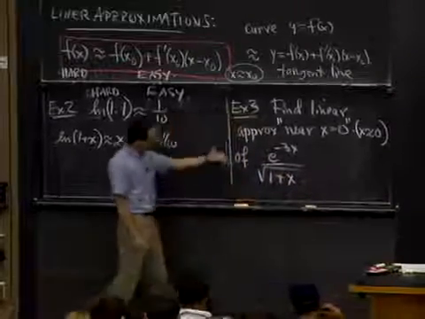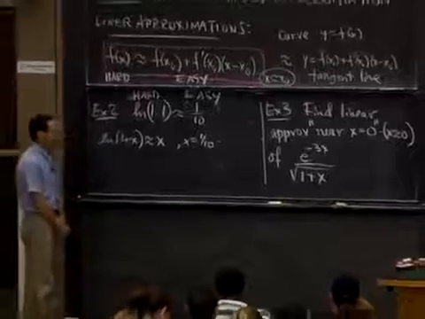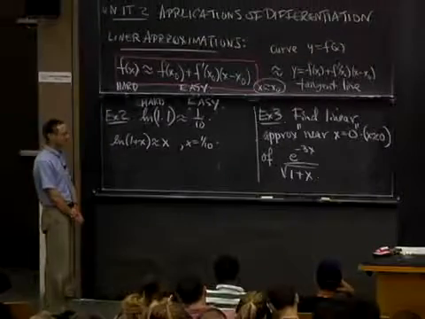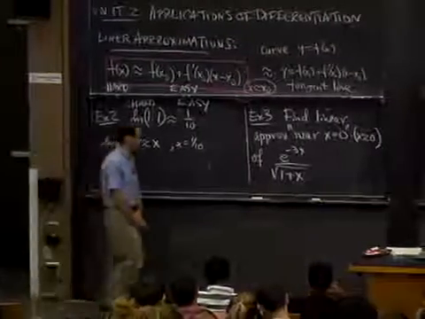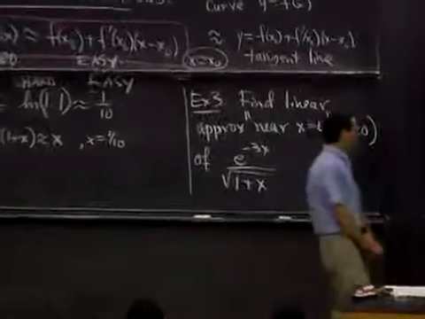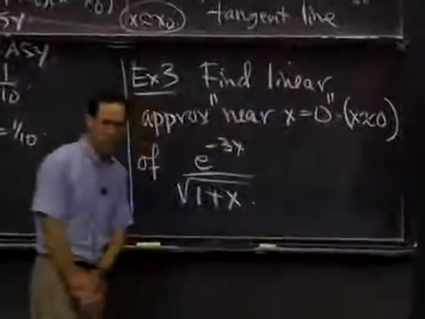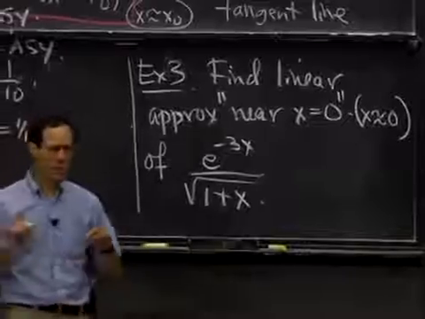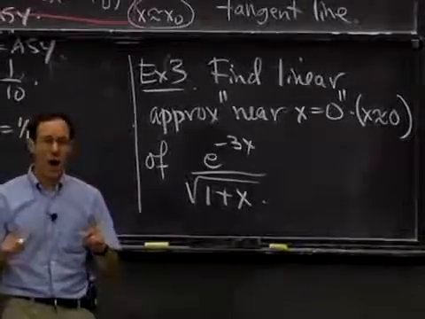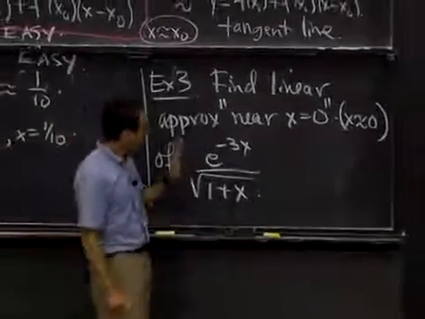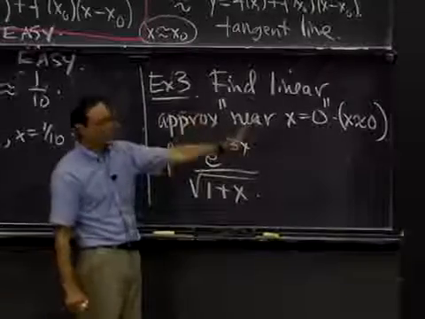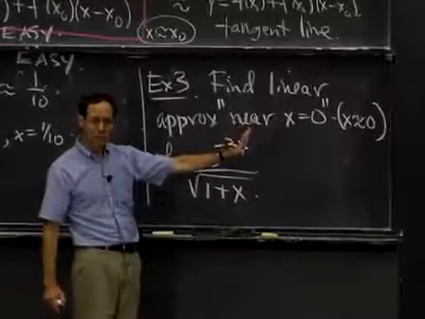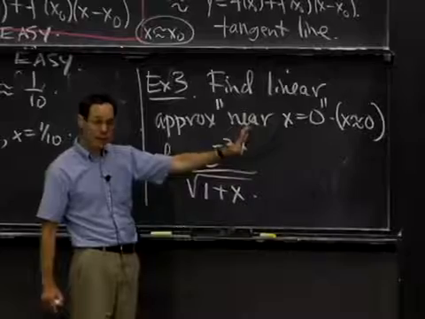All right? So here's a function. Now, what I want to use for the purposes of this approximation are just the approximation formulas that we've already derived, and just combine them algebraically.